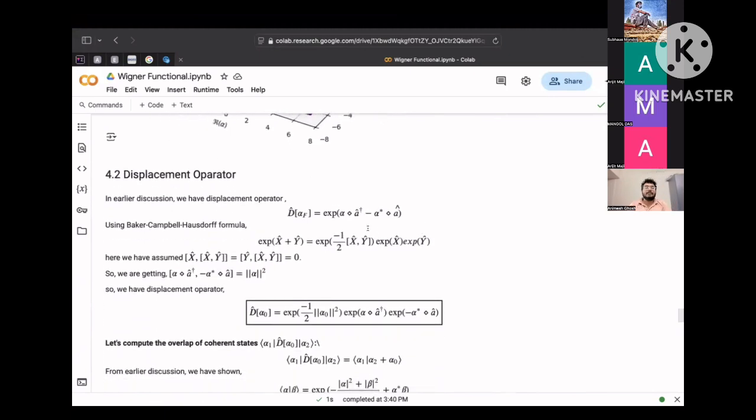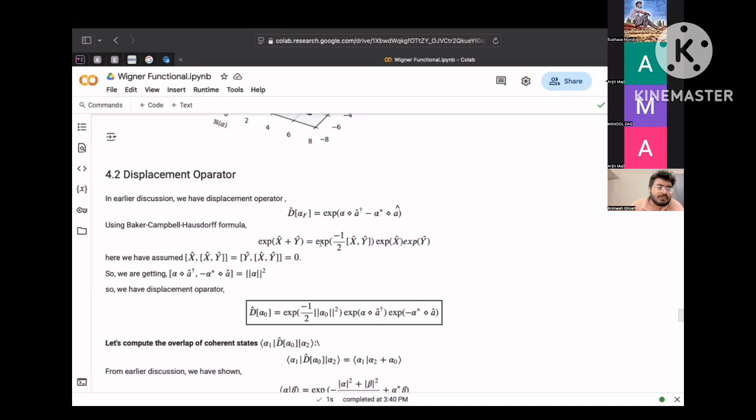Okay, so the displacement operator, as we already have discussed, looks like the exponential of alpha times a dagger minus alpha star times a cap. Now we are using the Baker-Campbell-Hausdorff formula: the exponential of the sum of two operators is essentially the exponential of minus half of the commutator of the two operators, times the exponential of the first operator, times the exponential of the second operator.